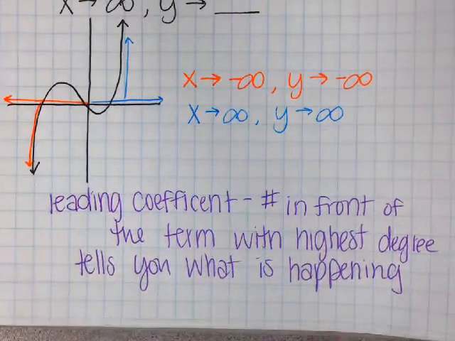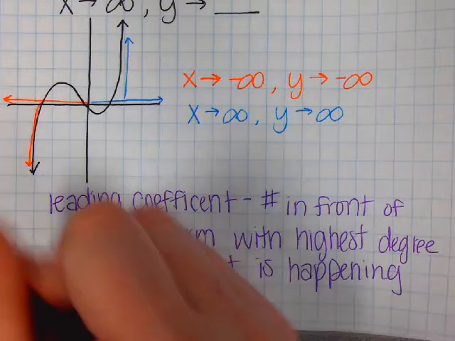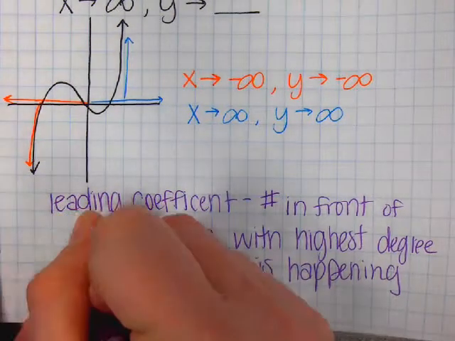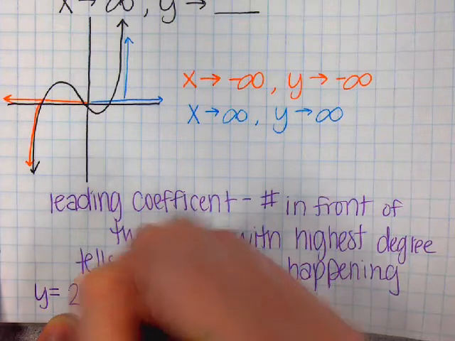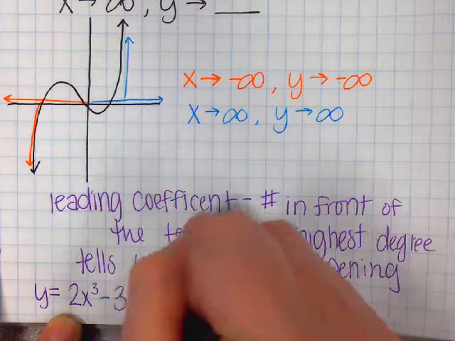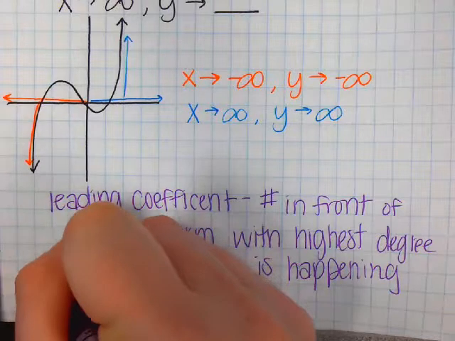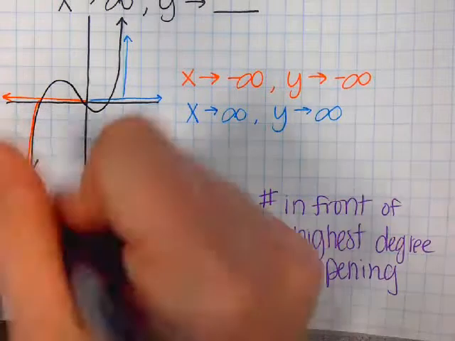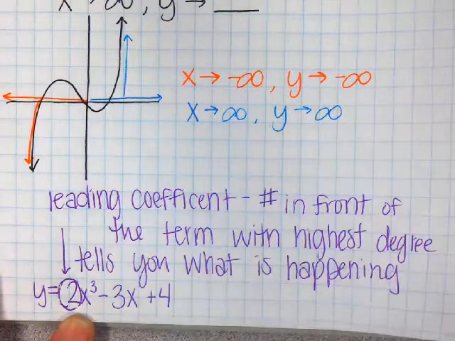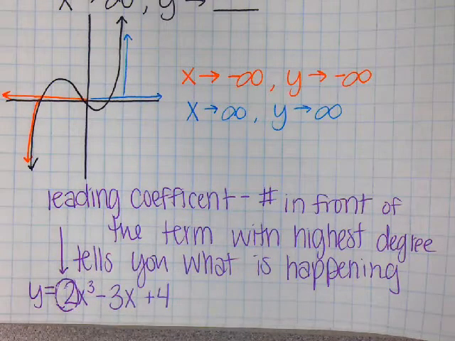Sorry, you can't even see it. So the number in front of the term with the highest degree tells you what is happening. So if I had y equals 2x cubed minus 3x plus 4, this is the leading coefficient, the 2. Just like the highest degree tells you what type of graph it's going to look like, the leading coefficient is going to tell you what to do.